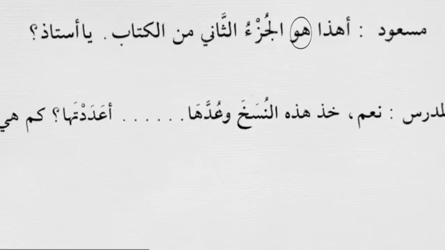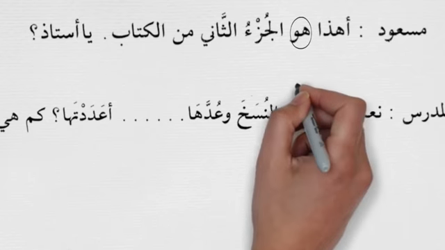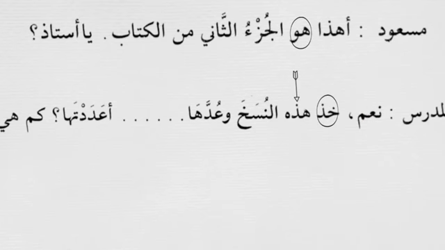So adda he counted, so ya'uddu he counts, and when you give amr, it's u'dda. So count it. That's the amr. So different forms of amr we can see here.